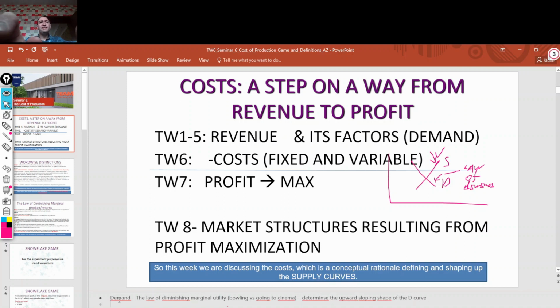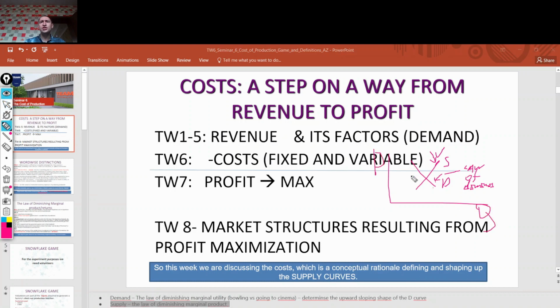And secondly, we have the supply curve, and that shape is determined by the law of diminishing marginal product. Okay, so we're discussing that today, and that's very important, because knowing the laws underlying the operations of both demand and supply curves, their shapes, we can analyze problems on the P and Q plane, P here, Q here.